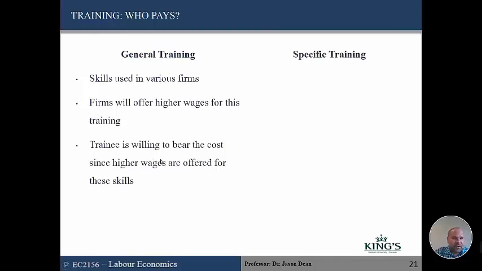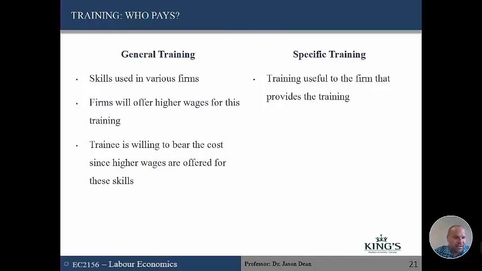Alternatively, specific training, that of course is various skills that are only useful at a particular firm. So say you're working at a firm and they use a certain type of software that they developed, maybe a database software to keep records on their company or something like that.